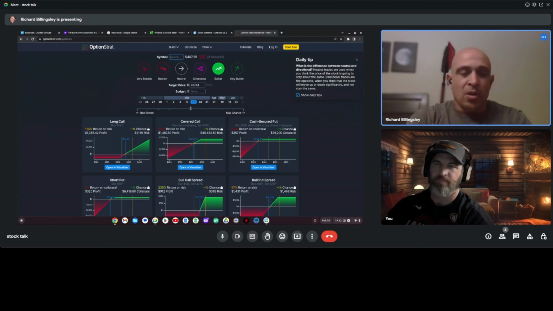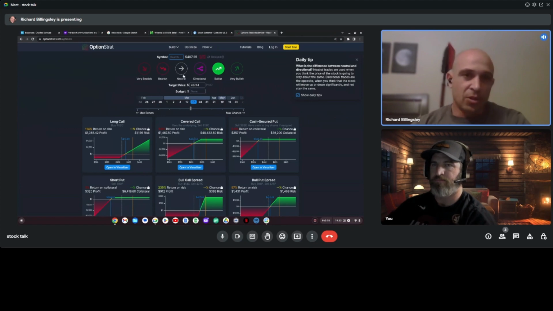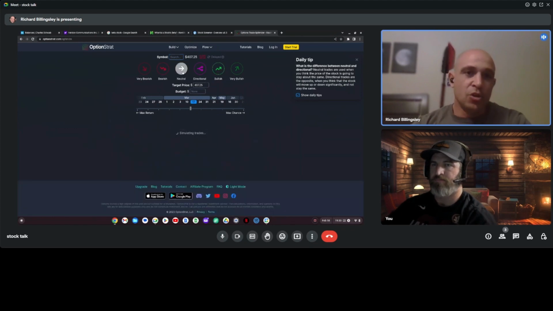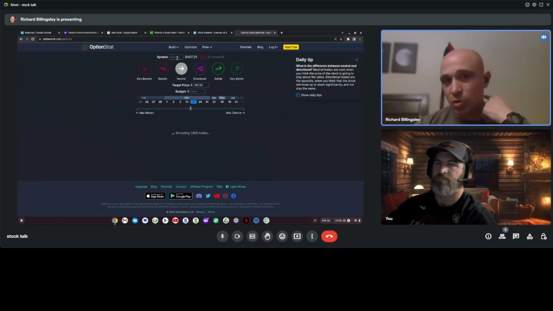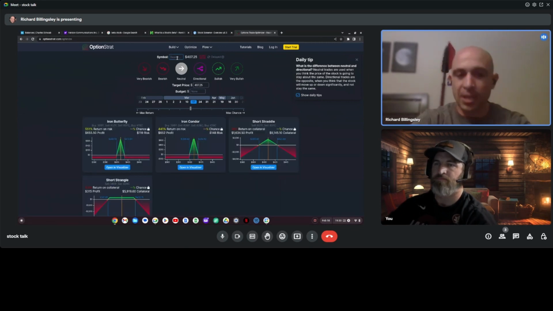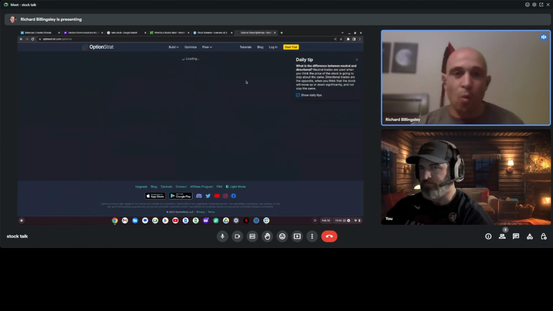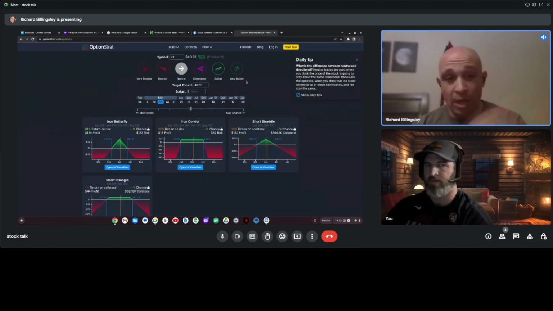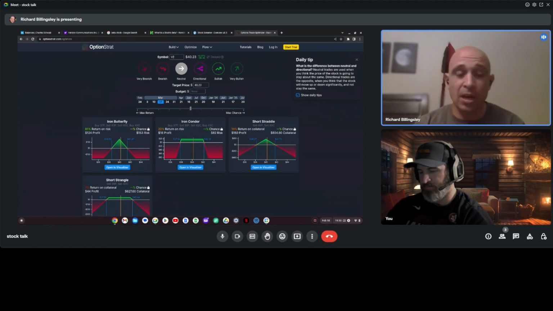When you get into those multiple leg options, you're looking at neutral patterns. When somebody tells me that something's neutral, that means they're not going to go up or down, they're going to go sideways. So I don't want a company to go up and I don't want a company to go down. I just want a company to stay right where it's at.